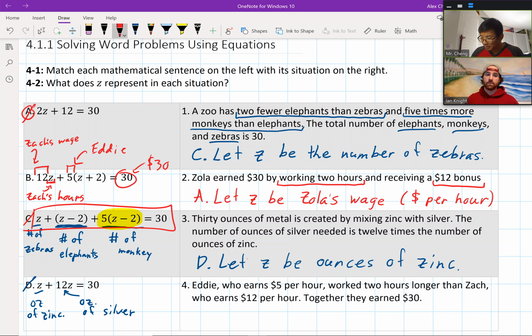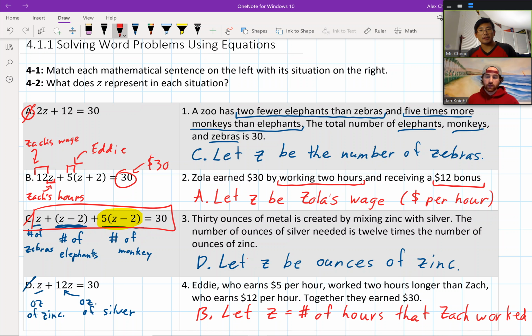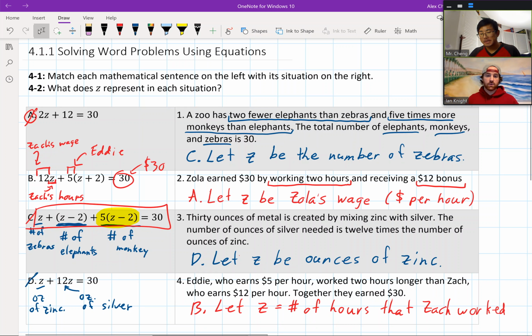And so there's going to be situation B here, or equation B. And in this case, let Z equal the number of hours that Zach worked. And once again, just being as specific as you can. You don't want to say number of hours because we are talking specifically about Zach here. So making sure you're including that whole unit that we're measuring.